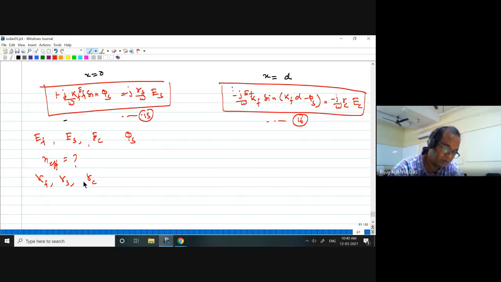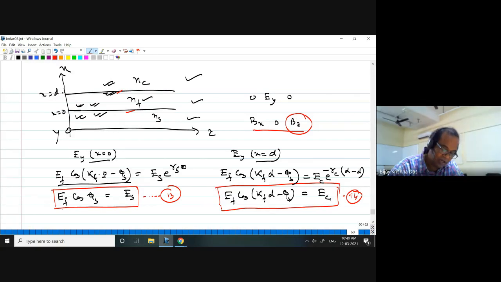Now what I am interested in, that you see, if I know the value, I can consider Ef equal to just a normalized value 1, right? If Ef is a normalized value 1, then I can find Es equal to just cos phi s. So that way you can find out the amplitude.